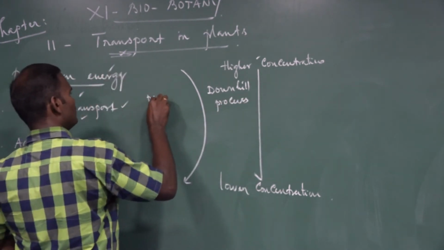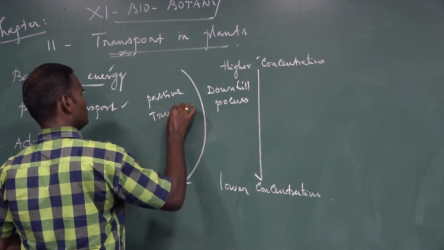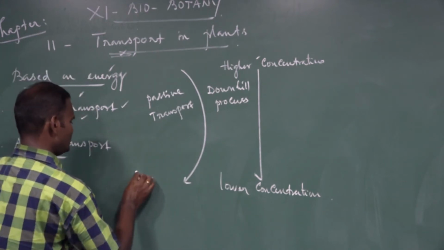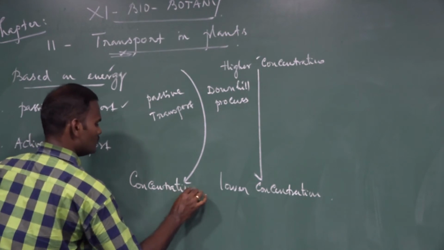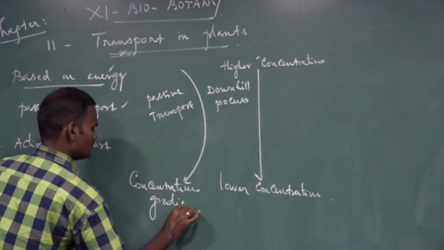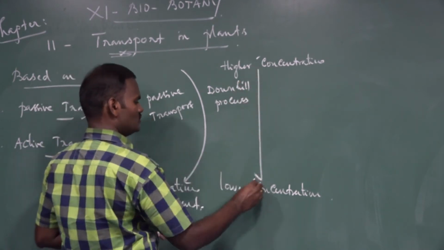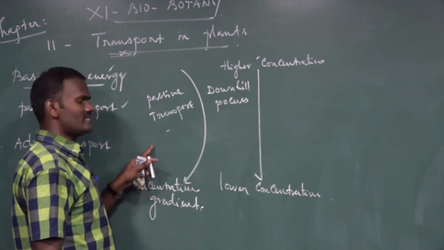This is called passive transport, along with the concentration gradient. It's nothing but movement of molecules from a region of higher concentration to a region of lower concentration.